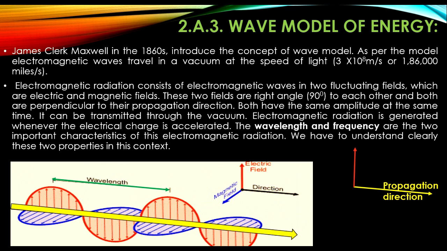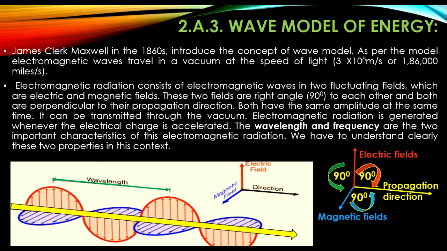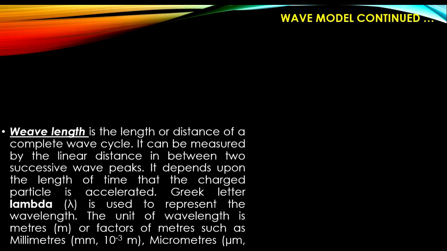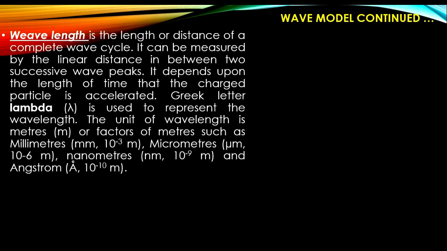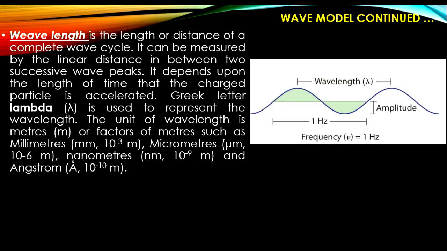The wavelength and the frequency are the two important characteristics of electromagnetic radiation. We have to understand clearly these two properties in this context. Wavelength. Wavelength is the length or distance of a complete wave cycle.